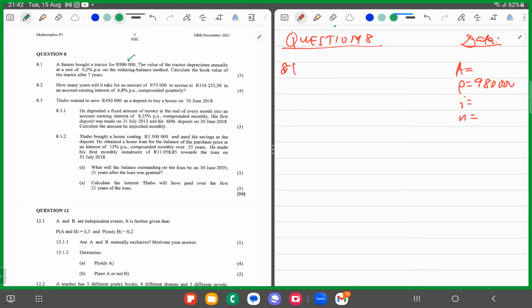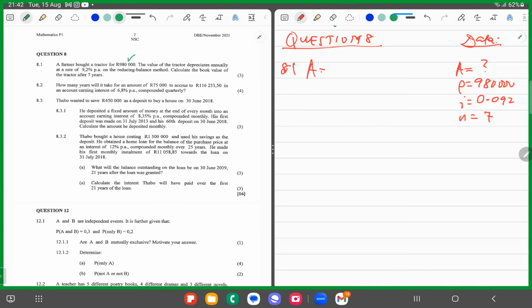So this one is 9.2% per annum, so you divide by 100, so it becomes 0.092. Calculate the book value of the tractor after 7 years, so N is 7. And you have the final value, the final amount is A. Okay, that is question 8.